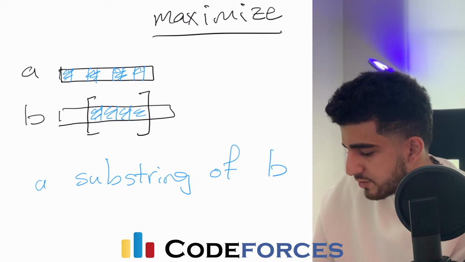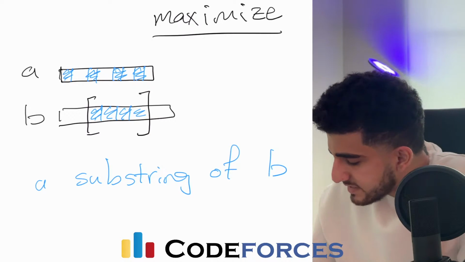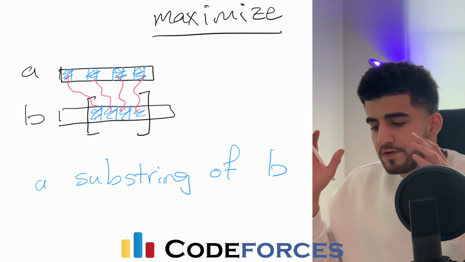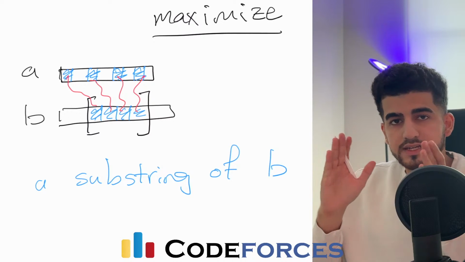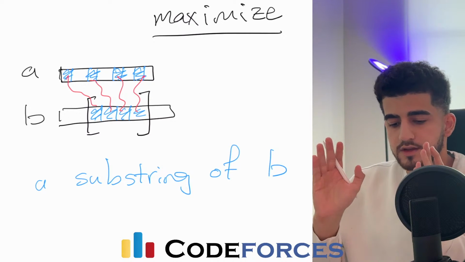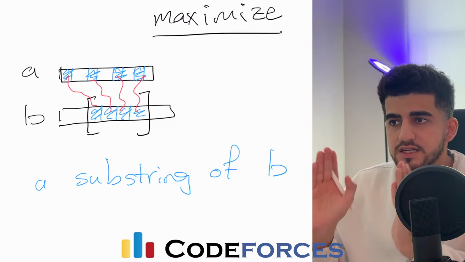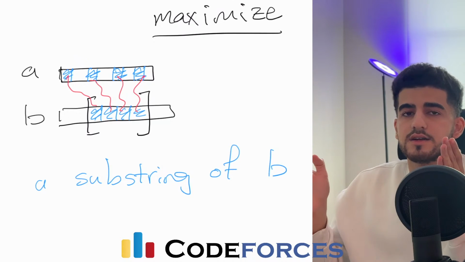For example, those 4 characters will be here. Then we can match them together. We can match this character with this character, this with this, this with this, and this one with this one. So we want to find the greatest interval in B such that it is a subsequence of A.